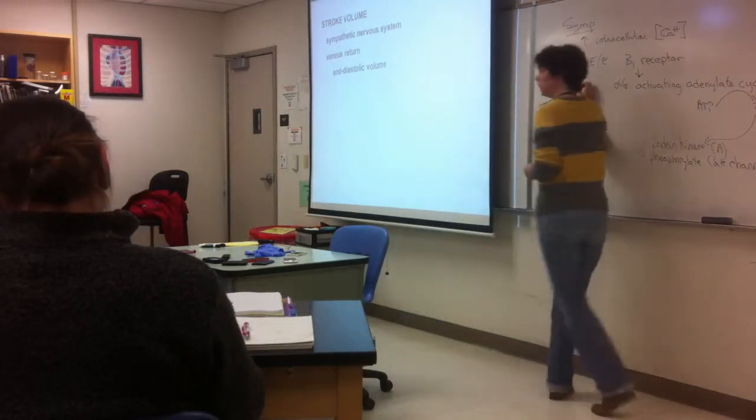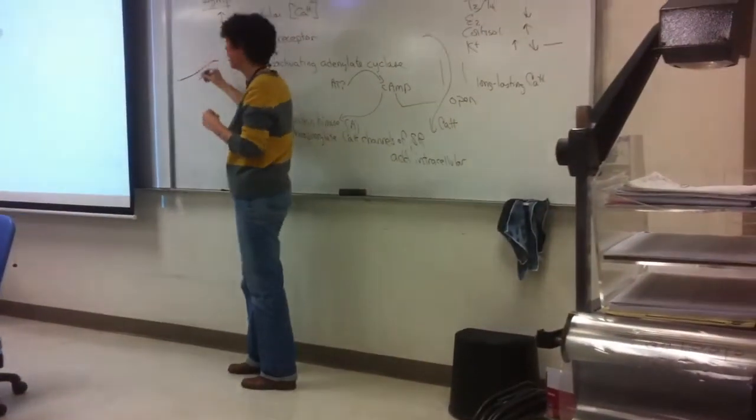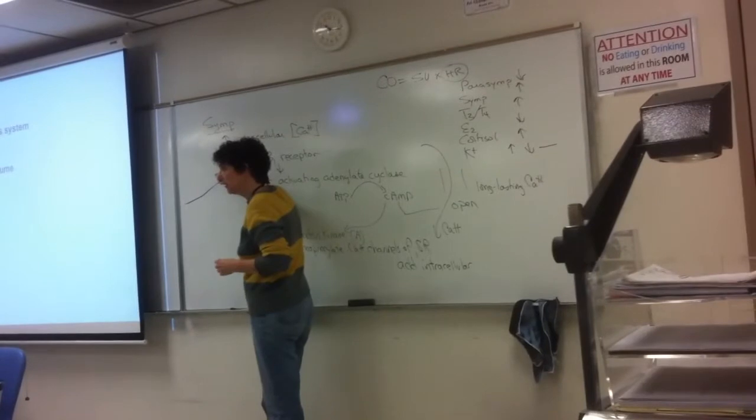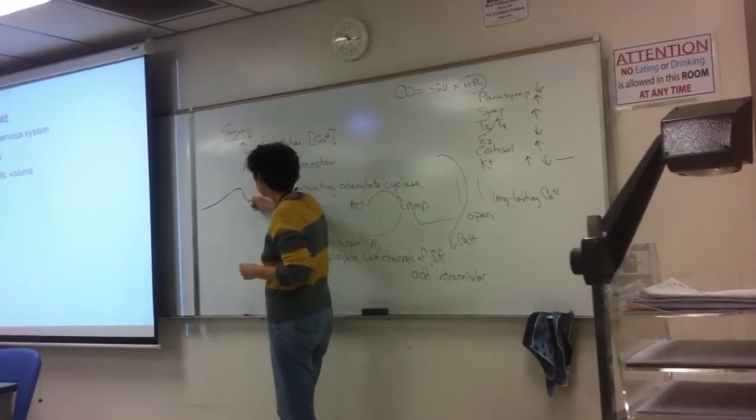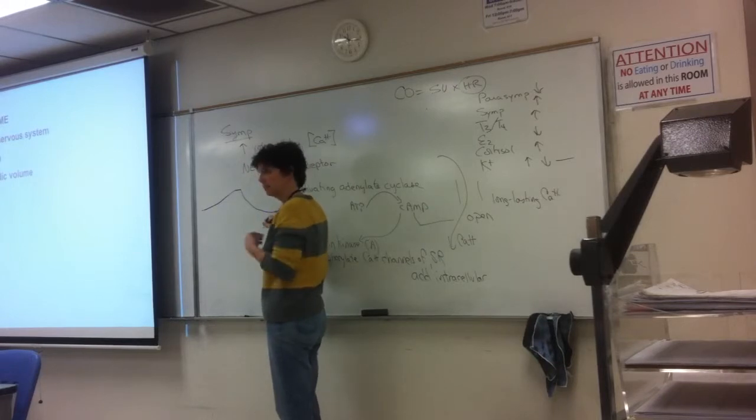So that was our maximum volume. And then when we started ventricular ejection, we lost ventricular blood until the semilunar valves closed. And then we were at a given amount in systolic volume.